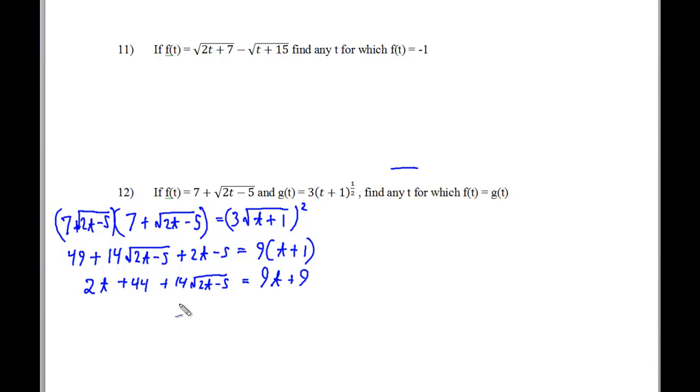Let's move everything to the left-hand side here that we can, except for the radical, which is going to be 7t, and then moving this over here is going to be minus 35.